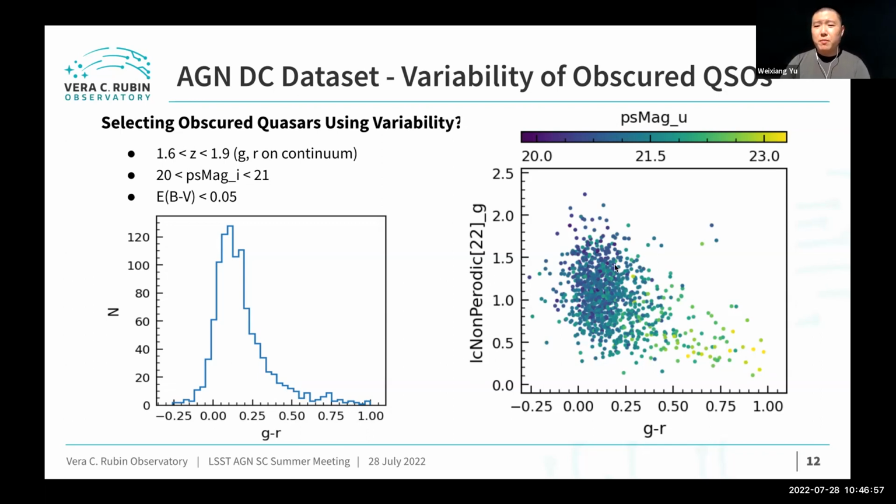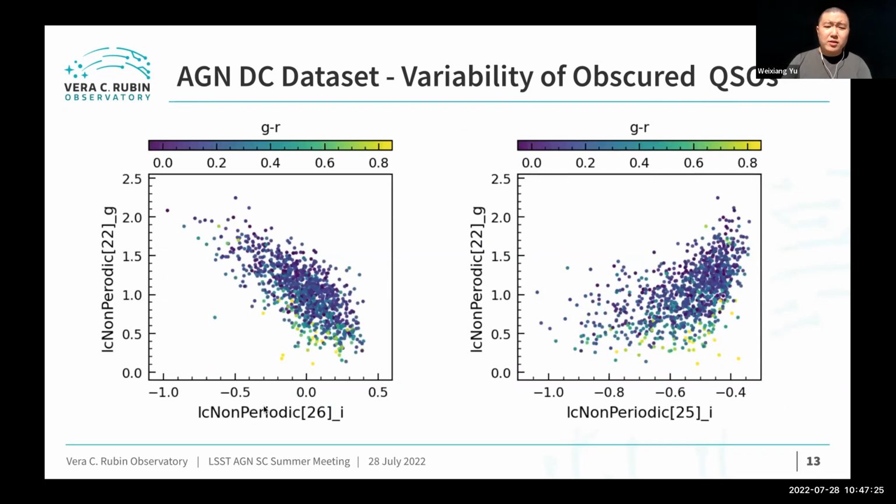So the color shows the U-band photometry. Basically we can just select those objects with this excess color using U-band magnitude and this variability metric. And then I further wondered, can we just select those using variability information alone without the photometry? And yes, apparently, you can see that there are two plots shown.